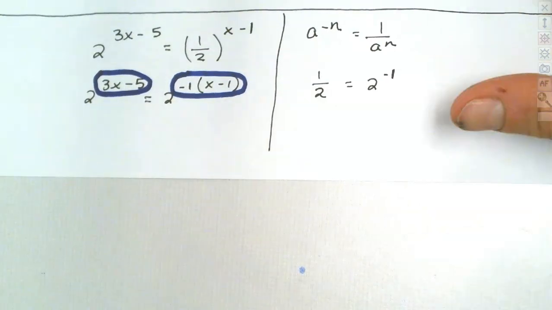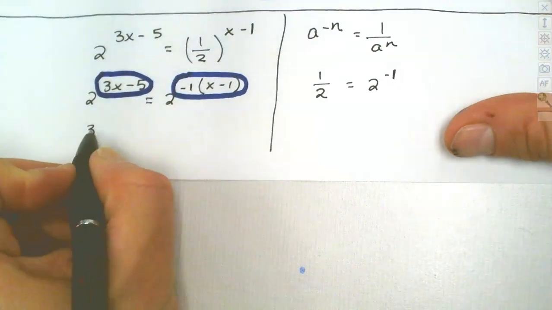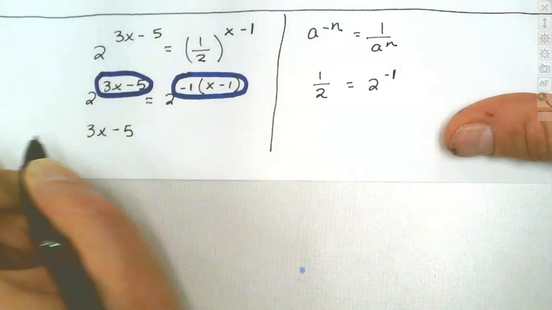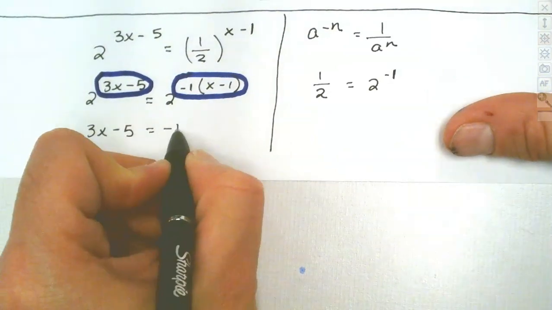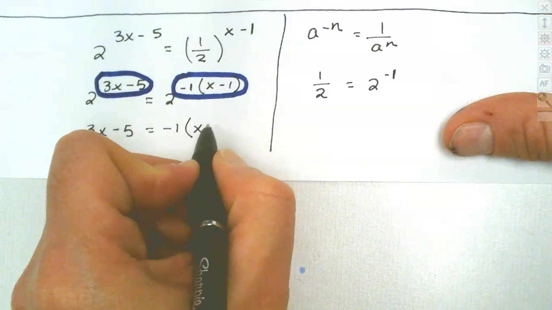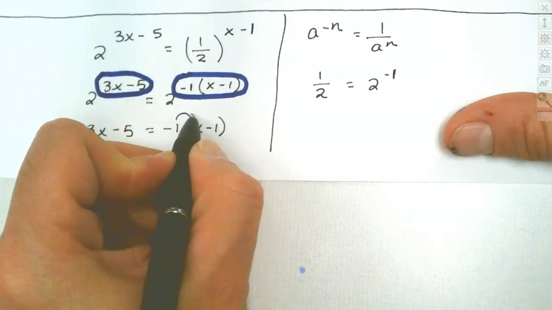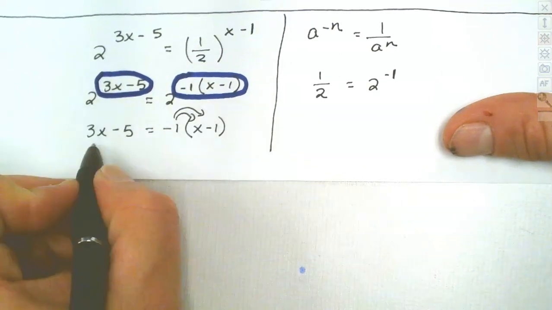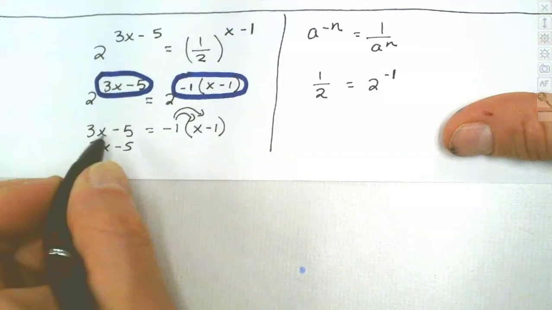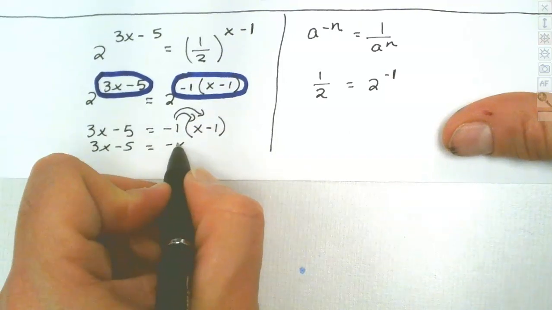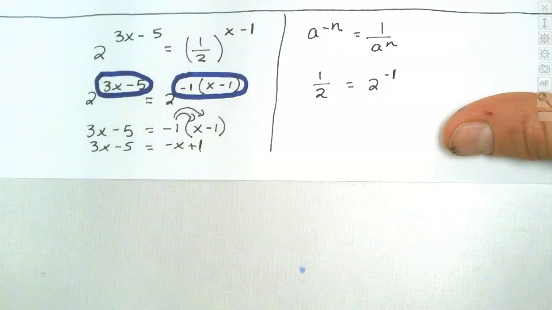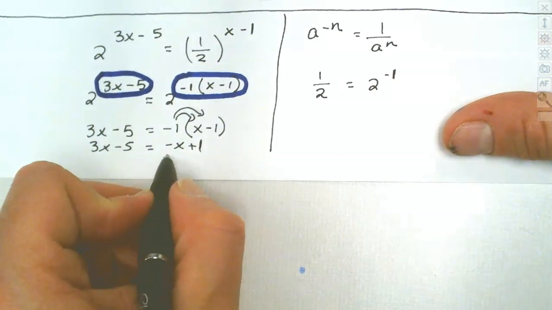So now we've got our equation. 3x minus 5 equals minus 1, parentheses, x minus 1. And we can solve it by using our distributive property. And that gives you a minus x plus 1. And we'll move things around, so I'm going to add that x over.